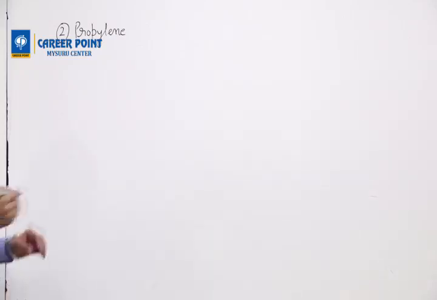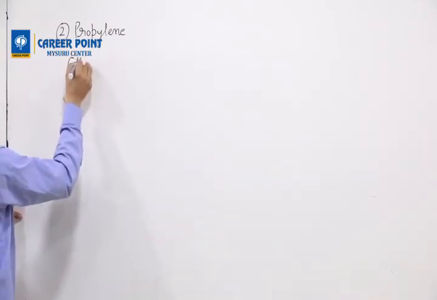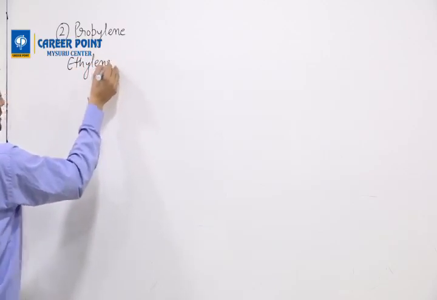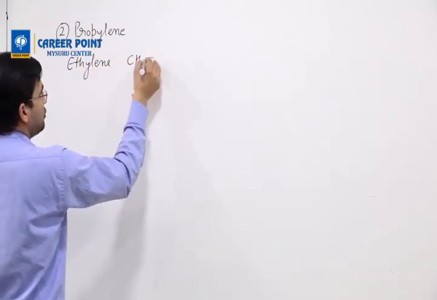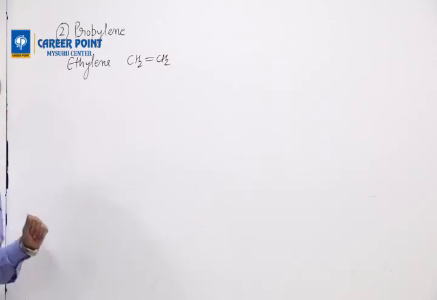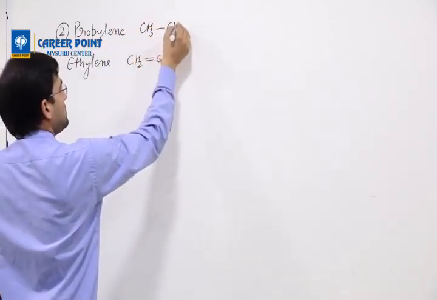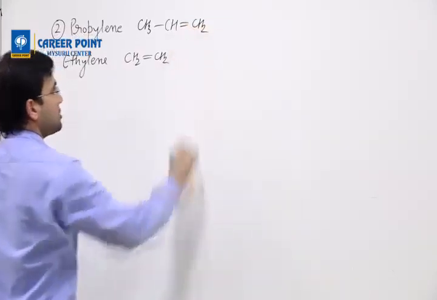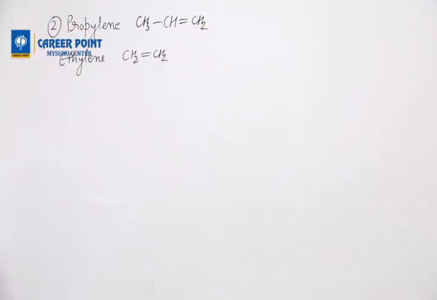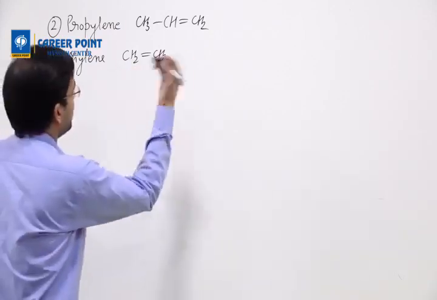Now the way you can write ethylene: ethylene is CH2 double bond CH2. The same way, propylene is CH3 CH double bond CH2. Okay, that is propylene. Now they are asking you what the carbons are, right?